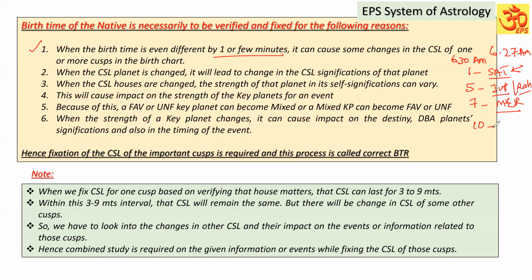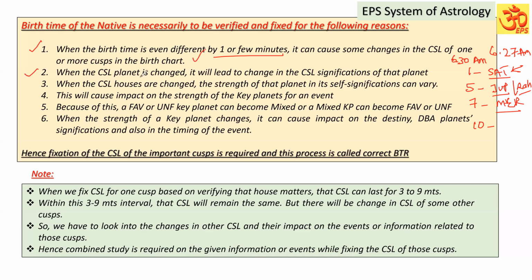I hope you have understood. So when the birth time is different, even by 1 or 2 minutes, it can cause some changes in the cuspal sublord of one or more cusps in the birth chart.